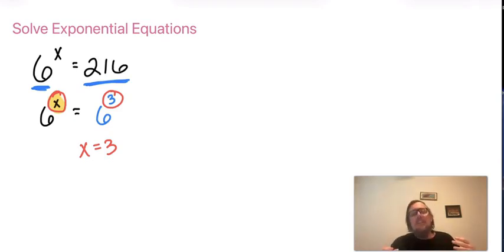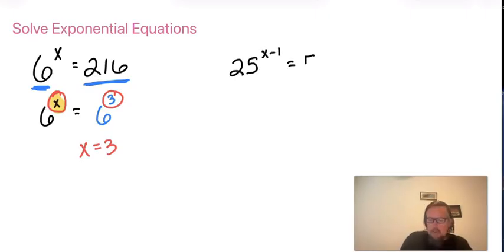Now, of course, they're not all going to be quite this straightforward. Let me give you an example of one that's not as straightforward as this. Let's make the exponent a little more complicated. So one side is 25 to the x minus 1 power, and the other side's just 5. So our goal is still the same. We need the bases on both sides to be the same. This side is 5, so I want to rewrite 25 so that it also has a base of 5.